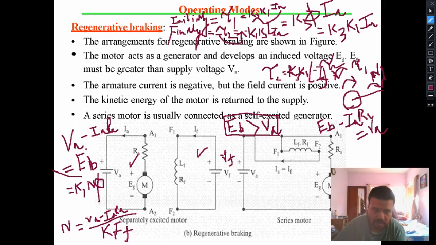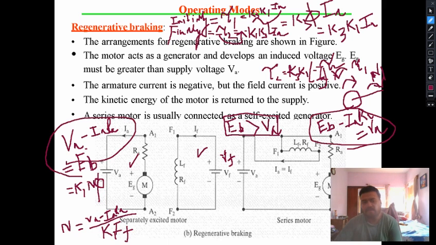So this equation and this equation are opposite, because the mode of operation has shifted from the motoring operation to regenerating operation, or rather regenerative braking operation. That is the first thing that has to be understood or kept in mind.